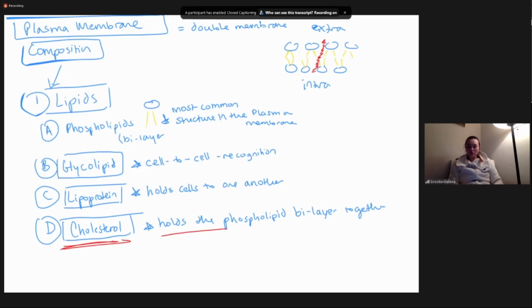So the cholesterol is holding that bilayer lipid together, keeping it all secure, okay? So lipoprotein holds cells to one another, forming tissue, and then glycolipid also for cell-to-cell recognition, helping form tissue. So those are 4 lipids of the plasma membrane.